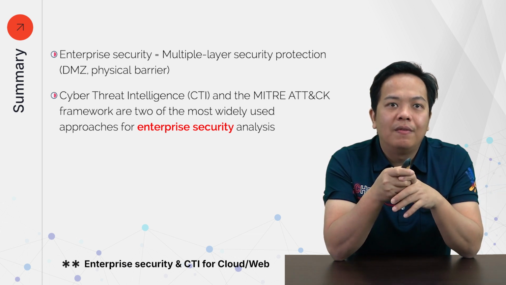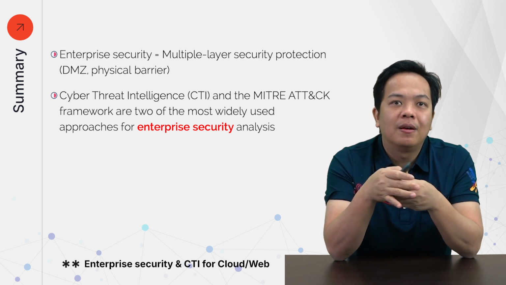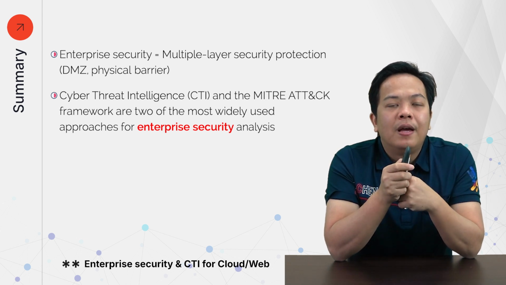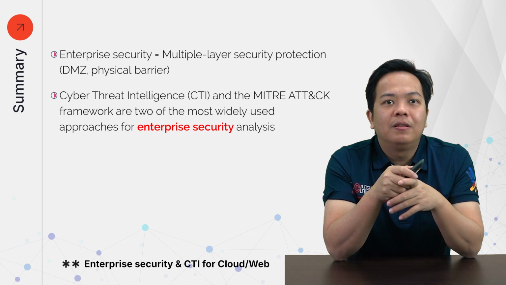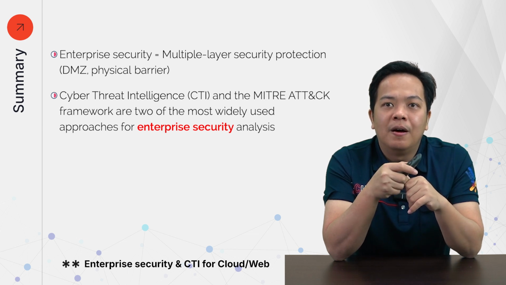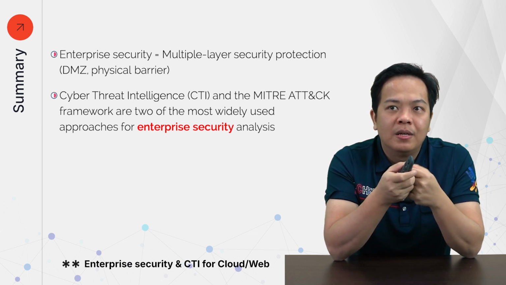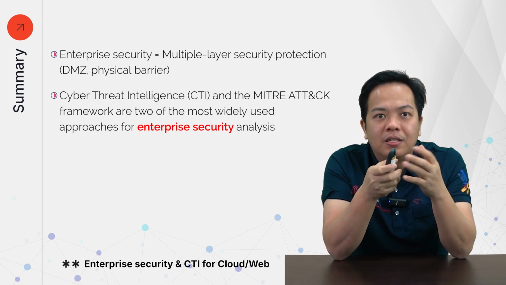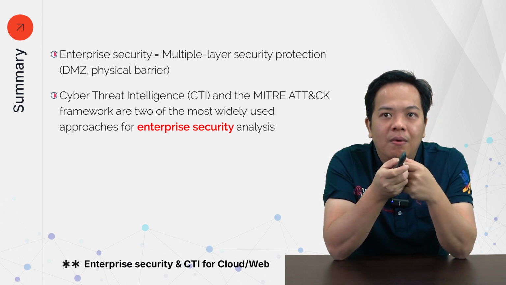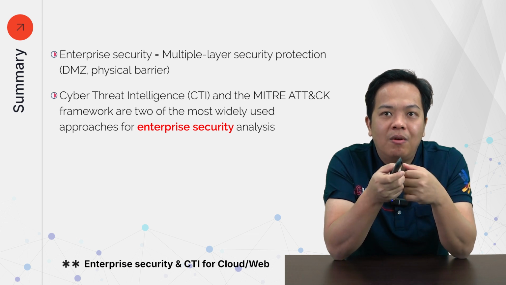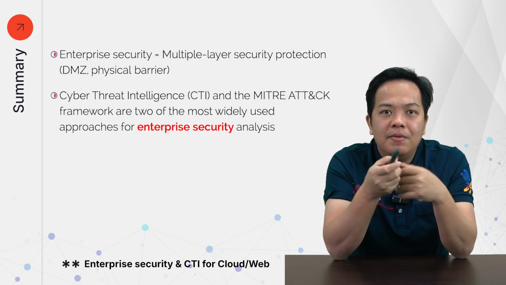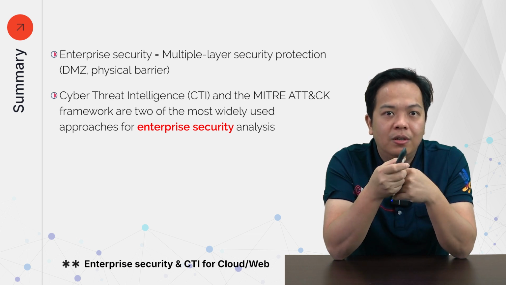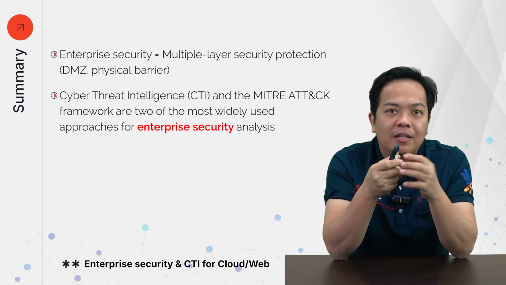You still need training for everyone to know what the high risks are so you can prevent them. And the last thing is cyber threat intelligence and the ATT&CK matrix framework. These are techniques that can be used for very comprehensive analysis for enterprise security, and can reveal attacks by state-sponsored cybersecurity attack groups.